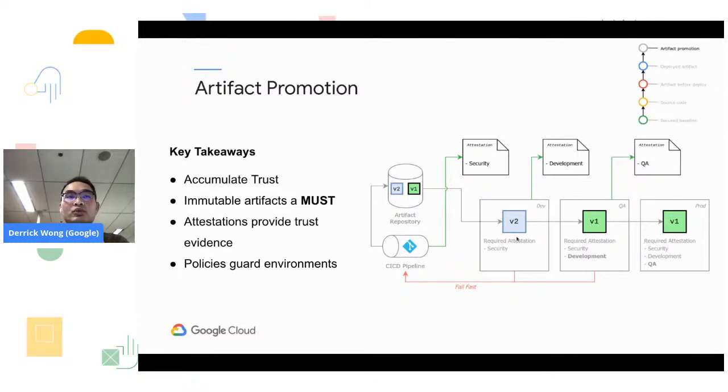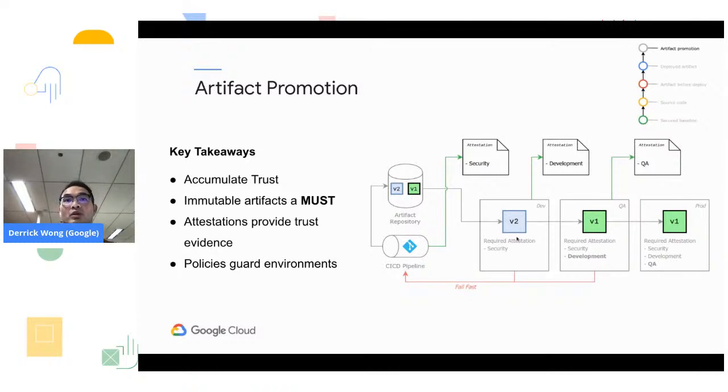And you should also use different kinds of policy. For example, in the QA environment, you have a QA policy. And obviously for production, you have a set of policies for the production environment, and the policy will be tighter.